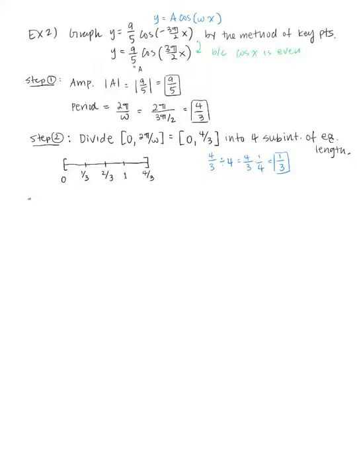Now step 3: use the endpoints, which are 0, 1/3, 2/3, 1 and 4/3, to get key points.